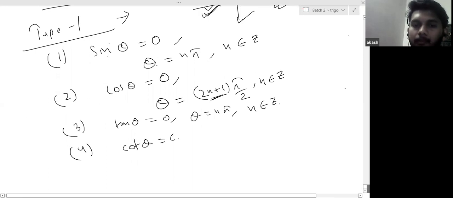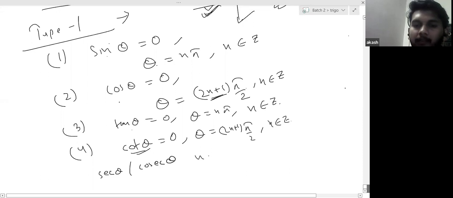If cot theta is 0, cot is 0 where cos is 0, so theta will be odd multiples of pi by 2. And sec theta or cosec theta never reach 0, so no solutions for them. Write it down.